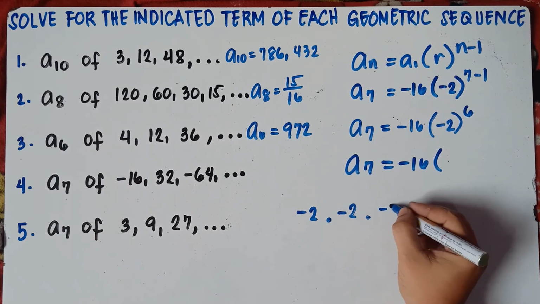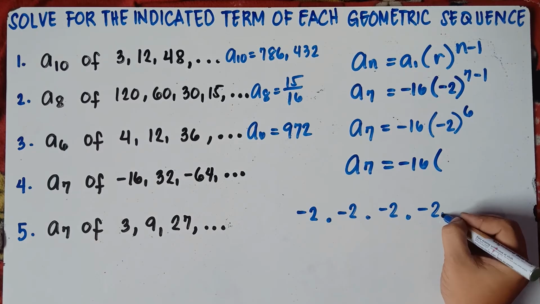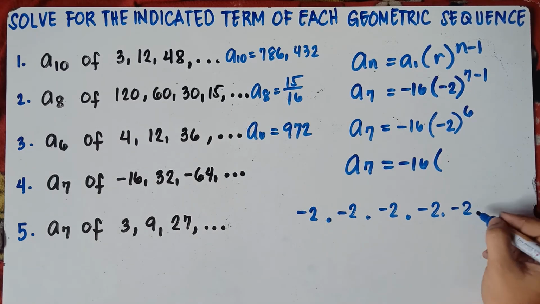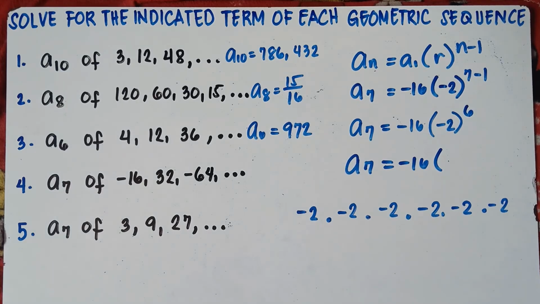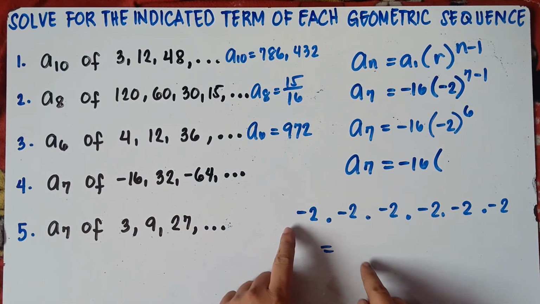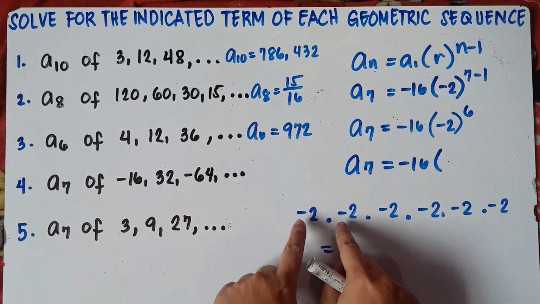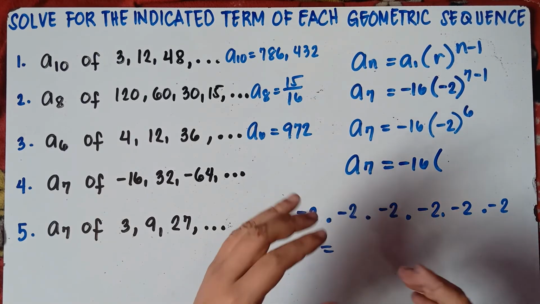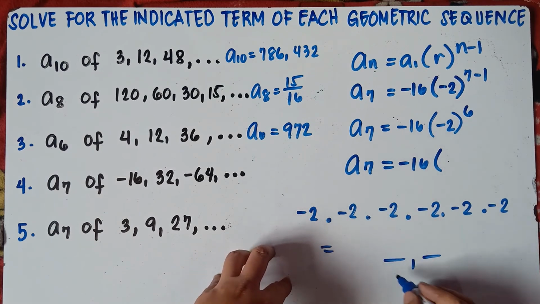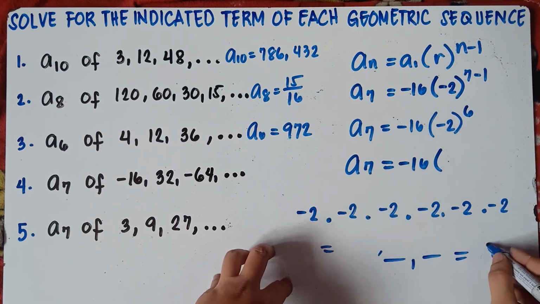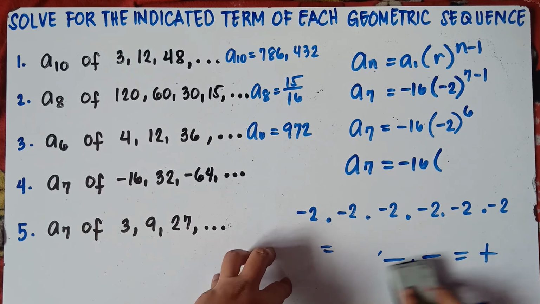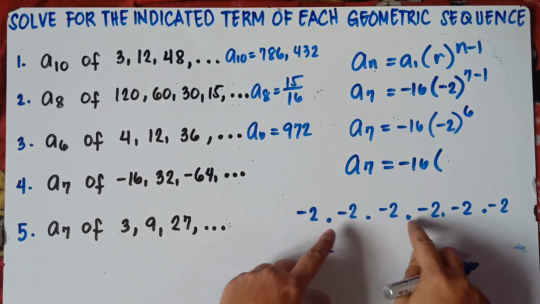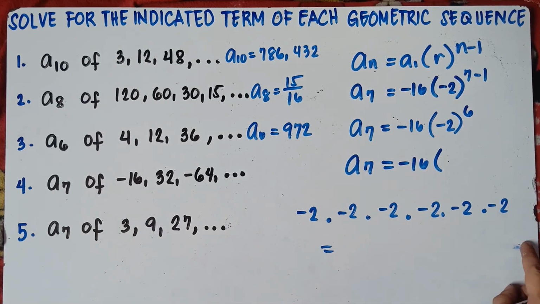Now your answer for this one, class, should be positive because we have an even number of negatives, 6 negatives. And negative times negative is positive. Therefore, our answer will be positive.